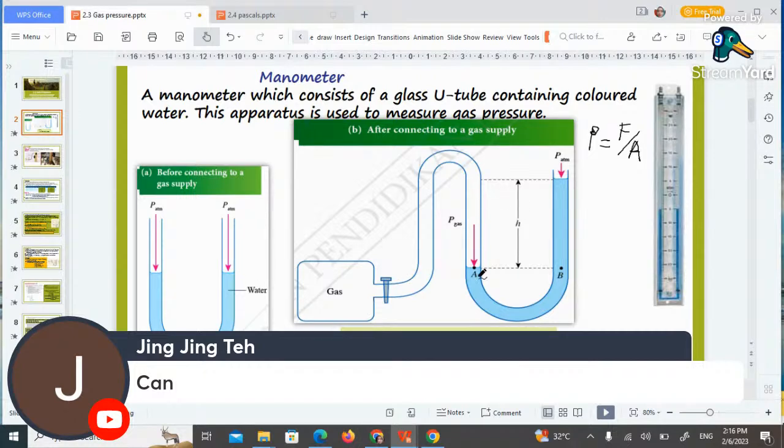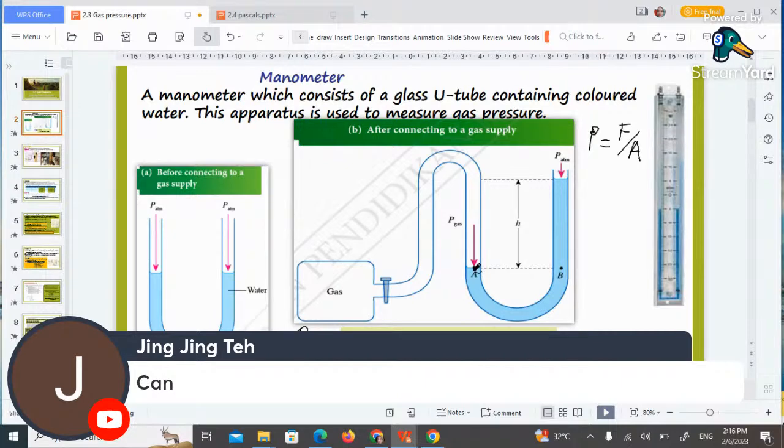The pressure of the gas is the pressure at point A, because the gas exerts pressure here at point A. So P gas equals the pressure at point A.